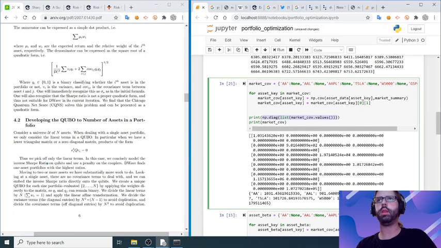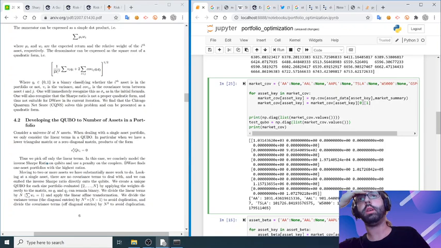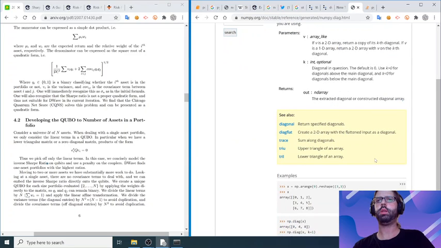So this would be basically the QUBO, right? Test QUBO. But then, oh, you wanted to add a penalty actually. So how do I do that then?